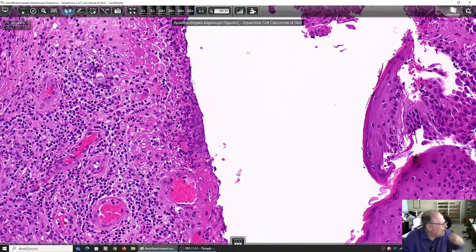So how do we call that? What is this? We have a destruction of the covering epithelium of the skin. That means we have a destruction of epidermis, and it has been replaced by some sort of necrotic material in which we see inflammatory cells, neutrophils and mononuclear cells, a mixed inflammatory infiltrate.